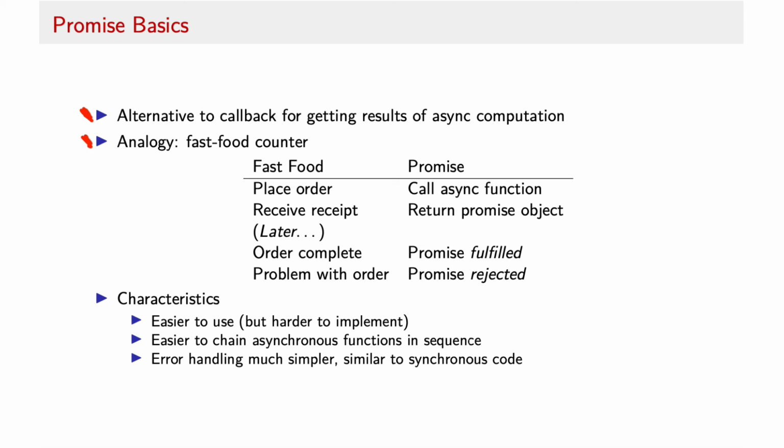Now, later on, after the kitchen gets done constructing your order, you're going to be notified of the availability of your order. Maybe they call your number, or they call your name, or they just know that it was you that ordered it, and they point at you and say here's your meal, and hand you the tray. And the other possibility is maybe the previous customer got the last one, right?